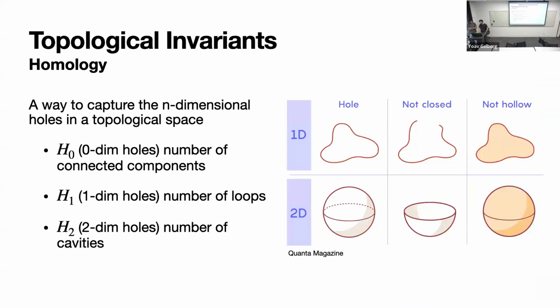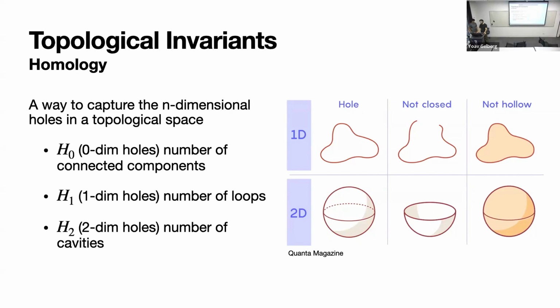And as a first primary example, we're going to be looking at homology. Homology is a very fundamental topological invariant, and the n-dimensional homology captures the structure of the n-dimensional holes of a space. So for example, the zero-dimensional homology just captures the number of connected components.